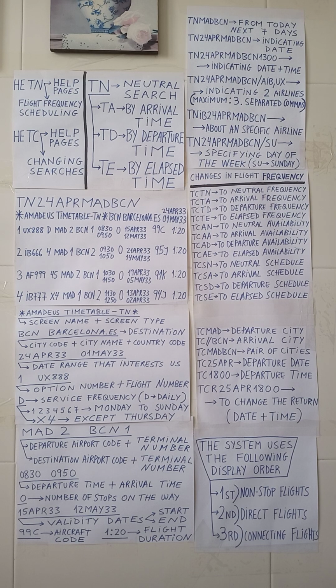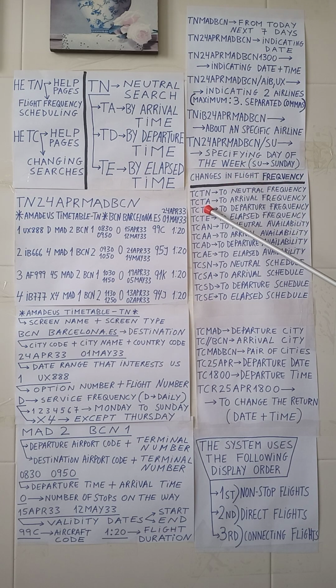TCTN is used to change a search that has been previously done so that now the new search is with the TN code. TCTA is used to change a search that has been done previously so that the new search is now with the TA code.